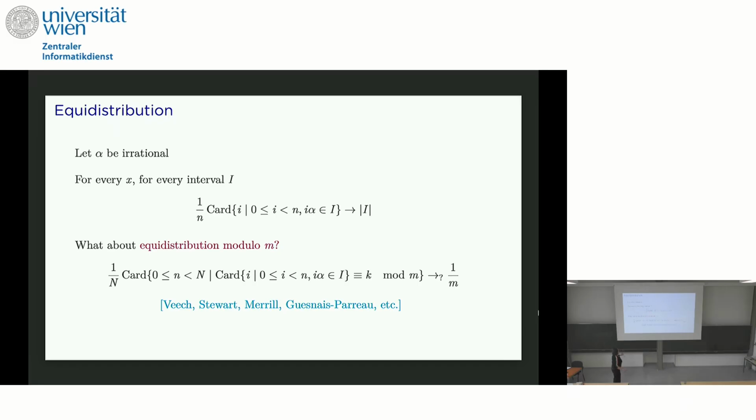Given some capital N, I count the number of integers smaller than capital N, such that when I look at the integers smaller than small n, the number of visits is congruent to some class. So I count the number of these elements. I want to see whether this tends to 1 over m. So that's my equidistribution question, with these two levels of counting stuff.